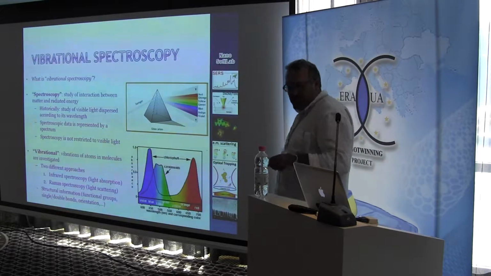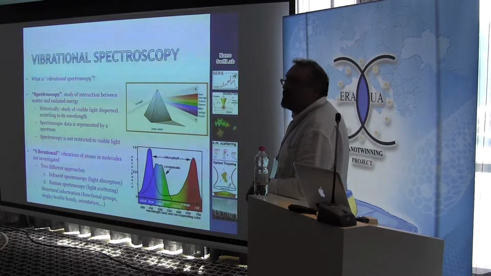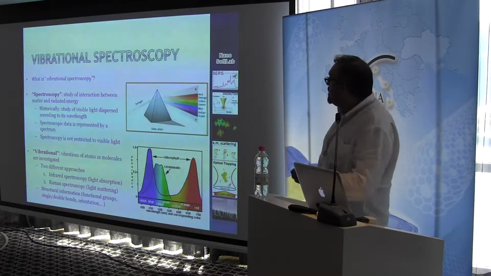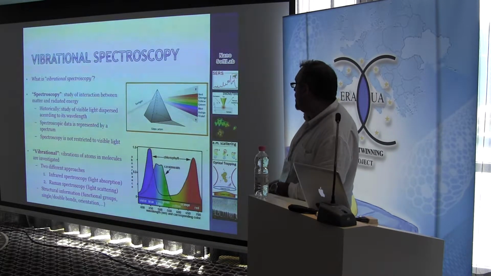What is vibrational spectroscopy? As you already know, this deals with spectroscopy, meaning interaction of light with matter, and with vibrational in the sense that we are not interested in the electronic states of molecules or solids, but in their vibrational properties. You well know that you can do this in basically two kinds of ways.